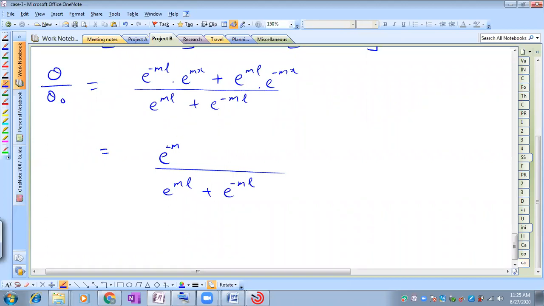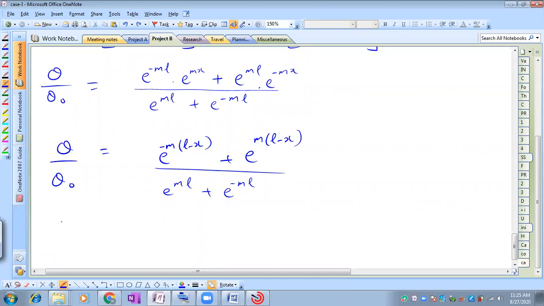So if we take minus common, it becomes l minus x. So minus ml and plus mx. Similarly, plus e raised to m common, and the left part is l minus x, as l is the length of the fin. So we got this as theta upon theta 0.